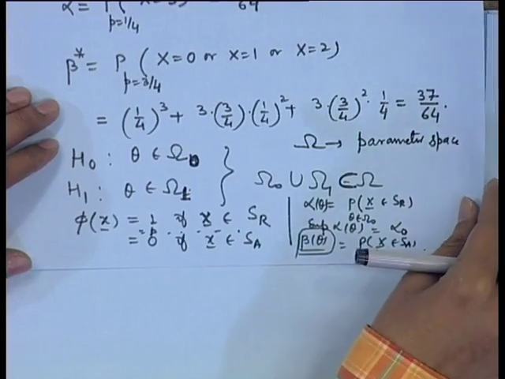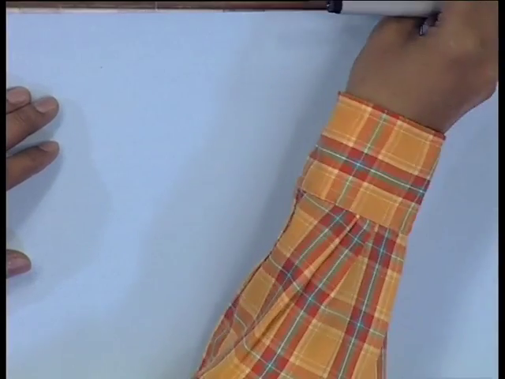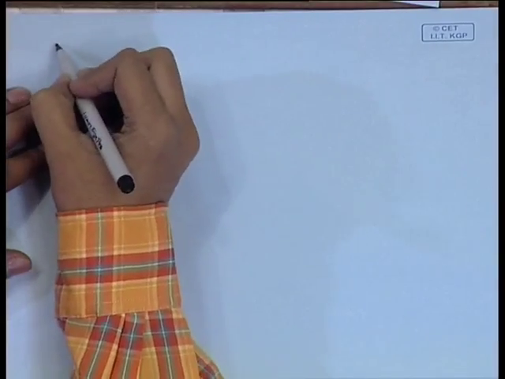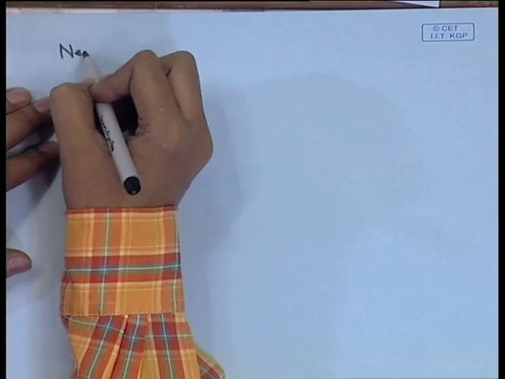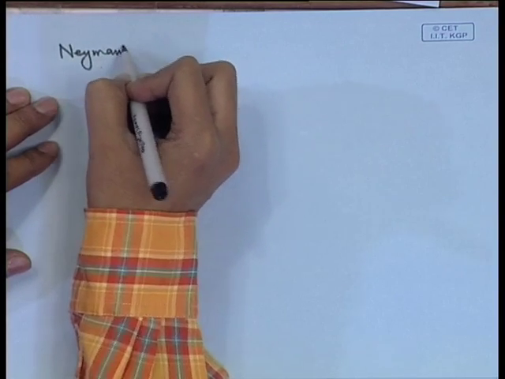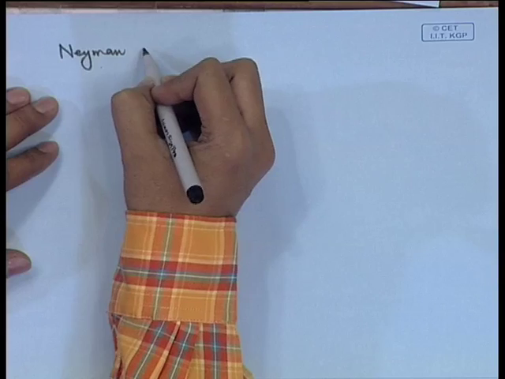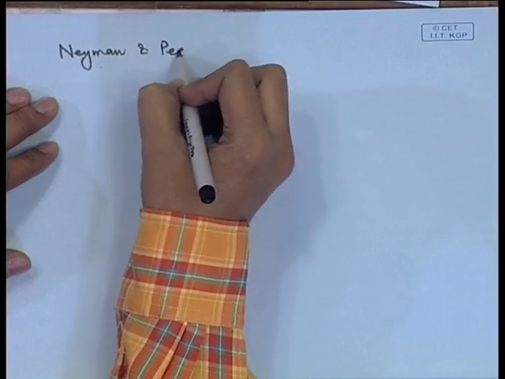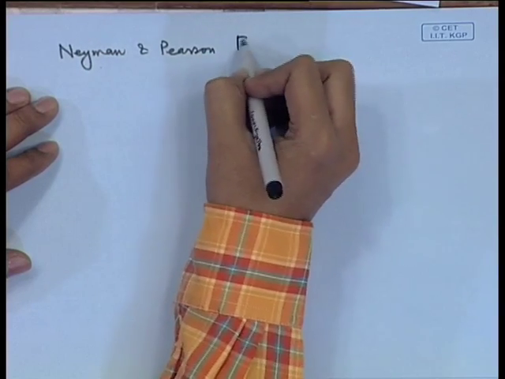So, this optimization problem has been dealt with, and the basic result in this regard is by Neyman and Pearson, and the result is popularly known as the Neyman and Pearson fundamental lemma.